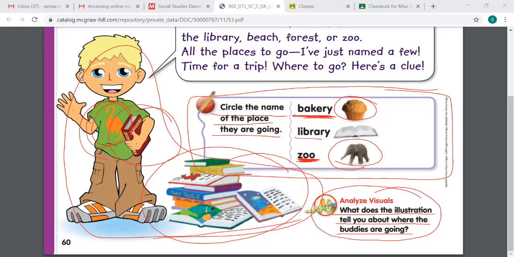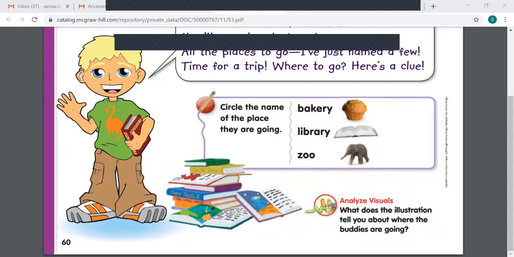Let's look at our third option. What does this say? Library. What do you find at the library? Books. That is correct. There are books at the library. And look at the clues in the illustration.